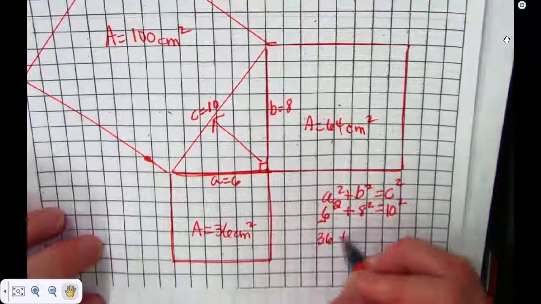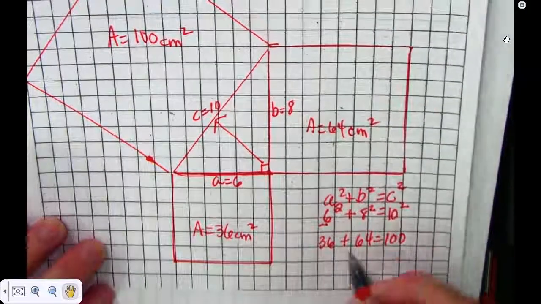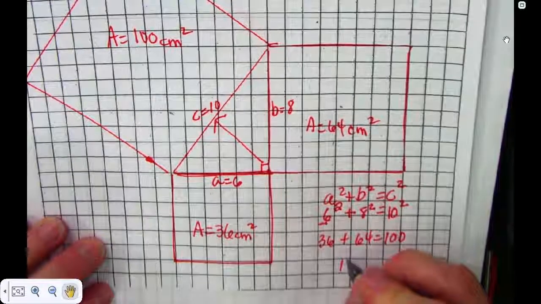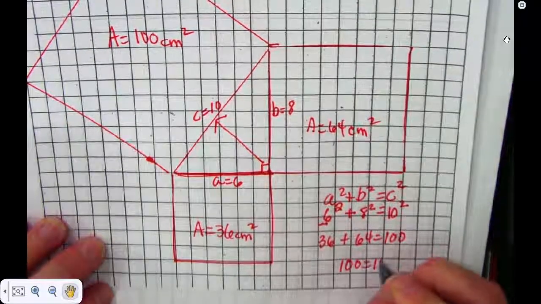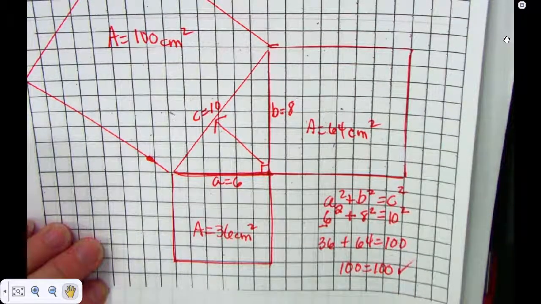So 36 plus 64 equals 100. What's 36 plus 64? 100. 100 equals 100. Check. I told you.